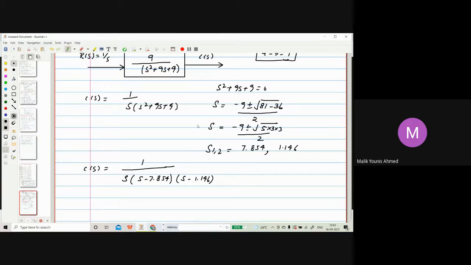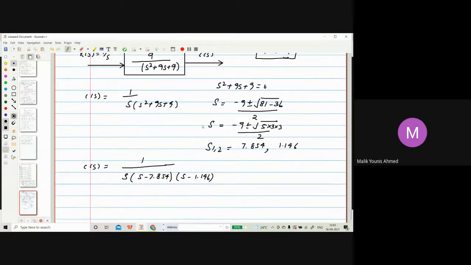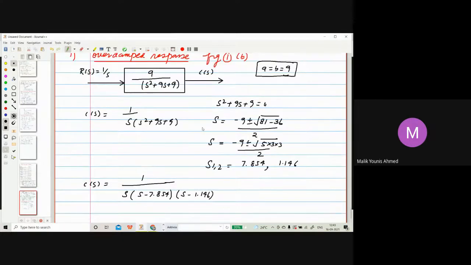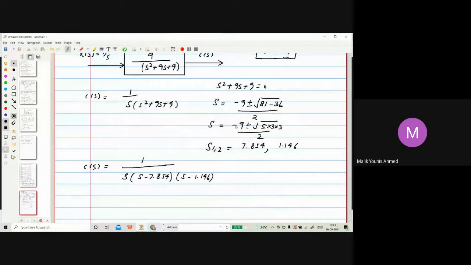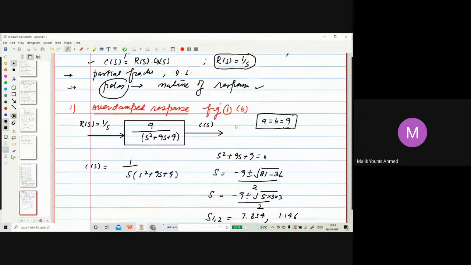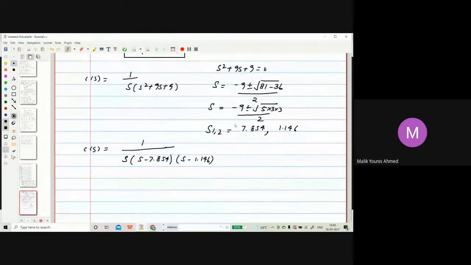Now have a look. Once and for all, you have to remember these things that I am telling. This function, very clear. From here, later on, I will talk about the graph. Okay. This function, the above function, I'm talking about this function. Let us call it equation number 1.